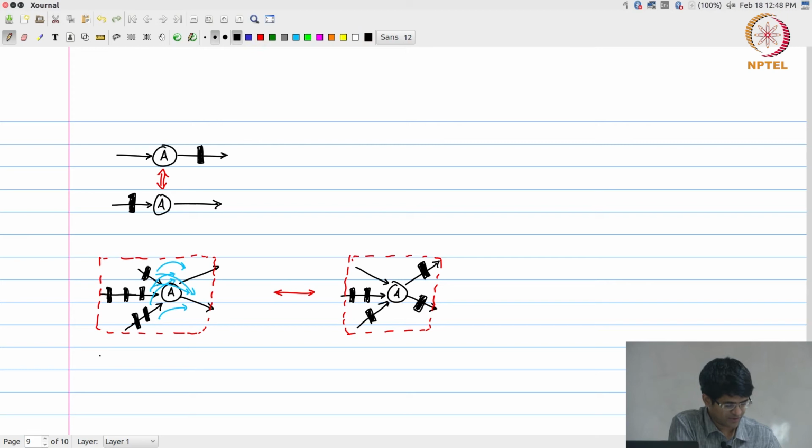What is the total number of registers that I have over here on my original graph? 1 plus 3 plus 2, 6. What about here? 2 plus 1 on the input plus 1 plus 1 on the output, 5. Okay. So, in other words, the retiming operation does not necessarily preserve the number of registers that are present in the circuit.